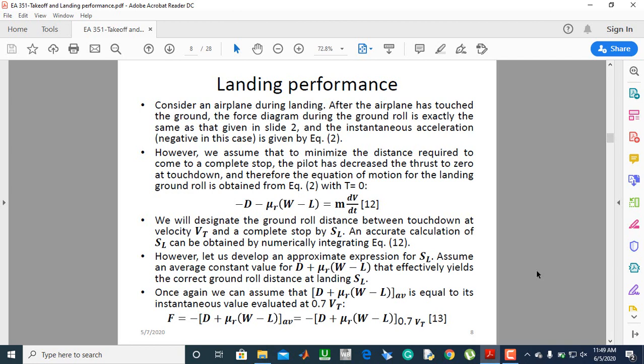So the equations will be the same, but here we'll assume that as the plane is coming to a complete stop, the pilot will decrease the thrust to 0. So from the previous equation, for the effective force with thrust equal to 0, that equation will reduce to equation 4.